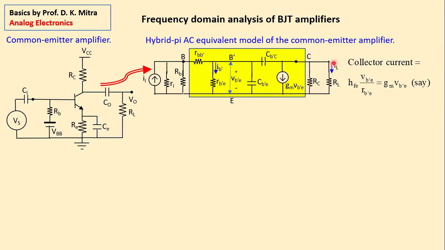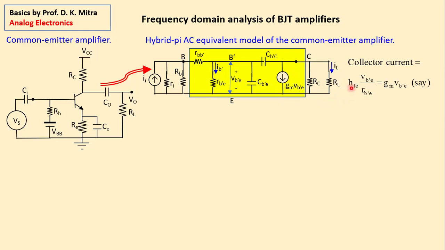Collector current is equal to hfe times VB'E by RB'E. This collector current is hfe times emitter current.